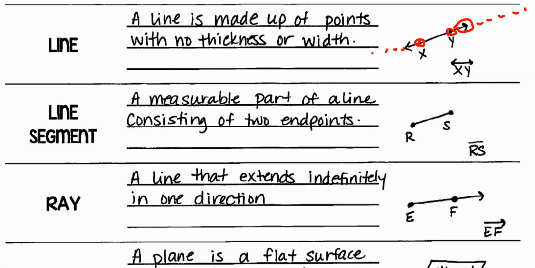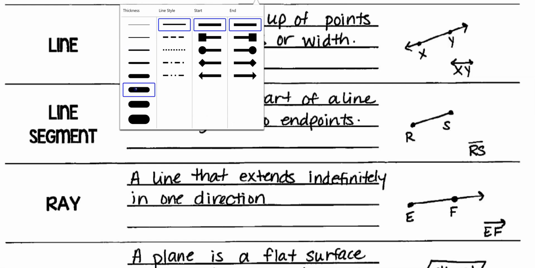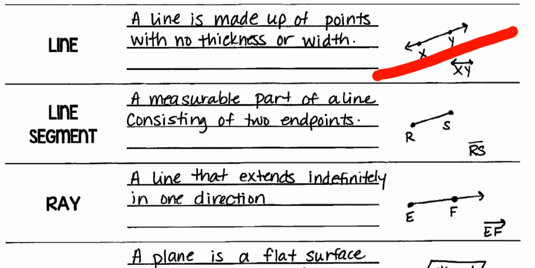So since it goes on forever, we can't measure a line. So a line has no measurement and no size. It also doesn't have a thickness, which is what it says, meaning that if I draw a line with just a thicker pencil, it doesn't mean that this line is any thicker technically than the other line.